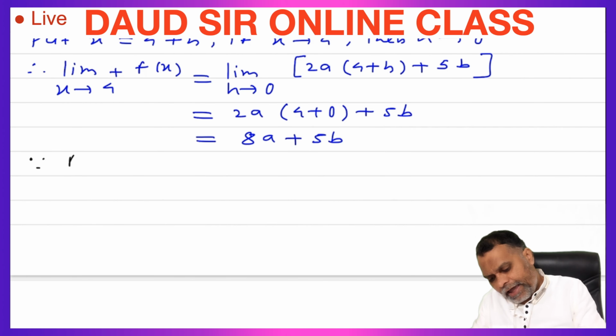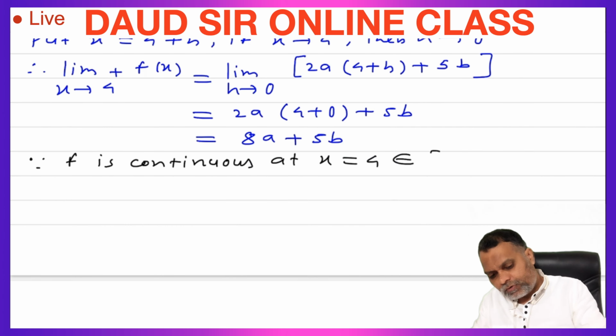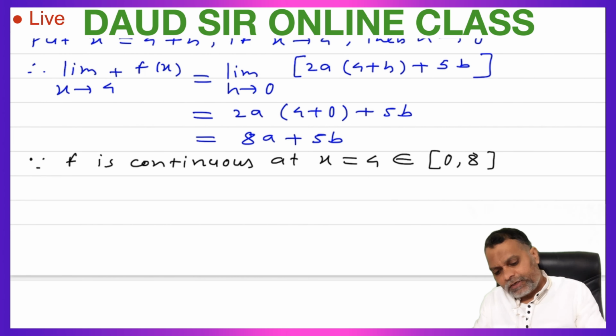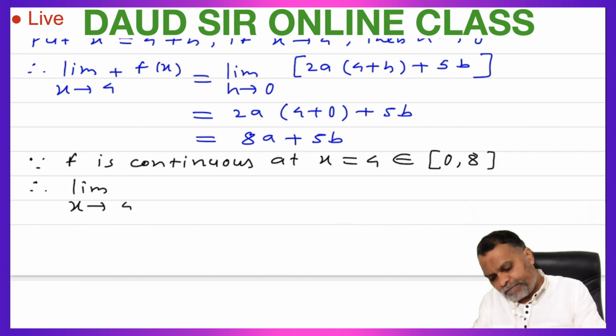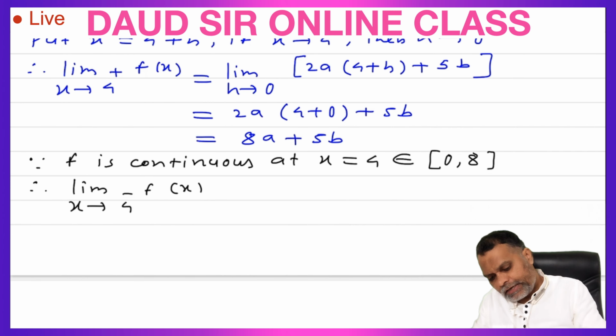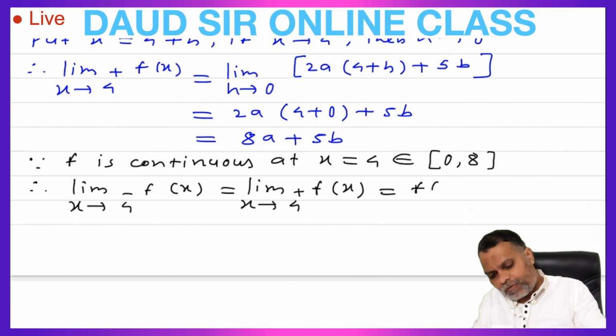Since f is continuous at x is equal to 4 and 4 belongs to the closed interval 0 to 8. Therefore, left hand limit is equal to right hand limit is equal to f of 4.